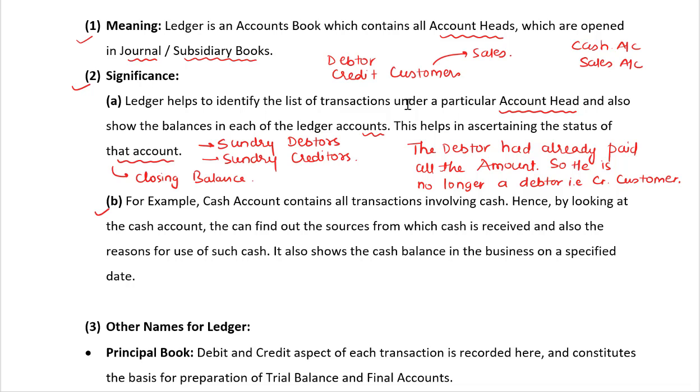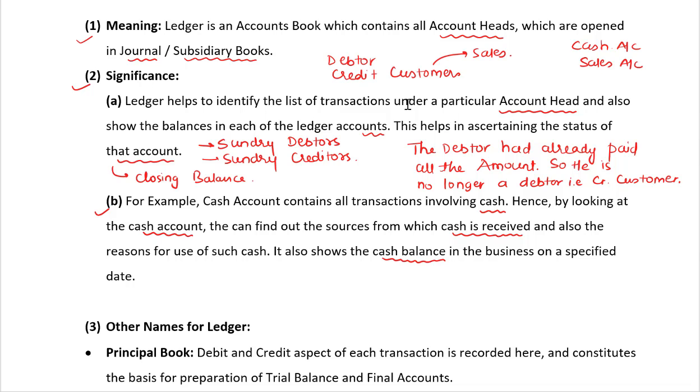Let's see an example. Cash account contains all the transactions involving cash. Hence, looking at the cash account, what will we try to understand? Cash received and cash paid. It also shows the closing cash balance at the year end.